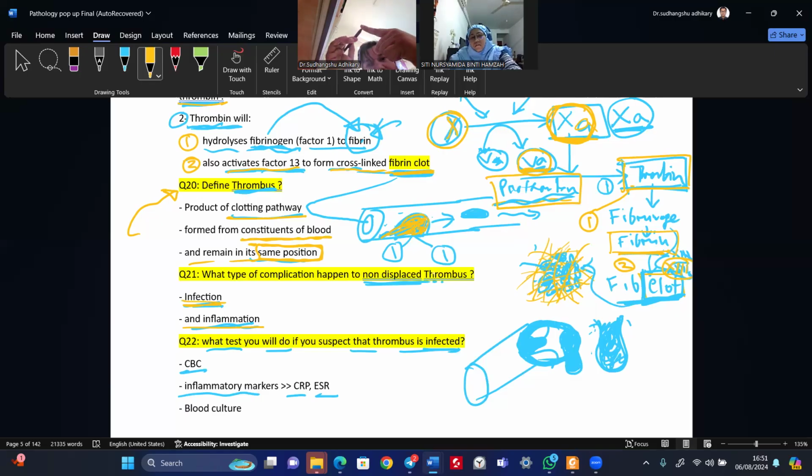It will get infected, infection and inflammation, like deep vein thrombosis. DVT is dangerous, right? In deep vein thrombosis, a fragment of the thrombus can embolize and lodge, leading to pulmonary embolism and so on.